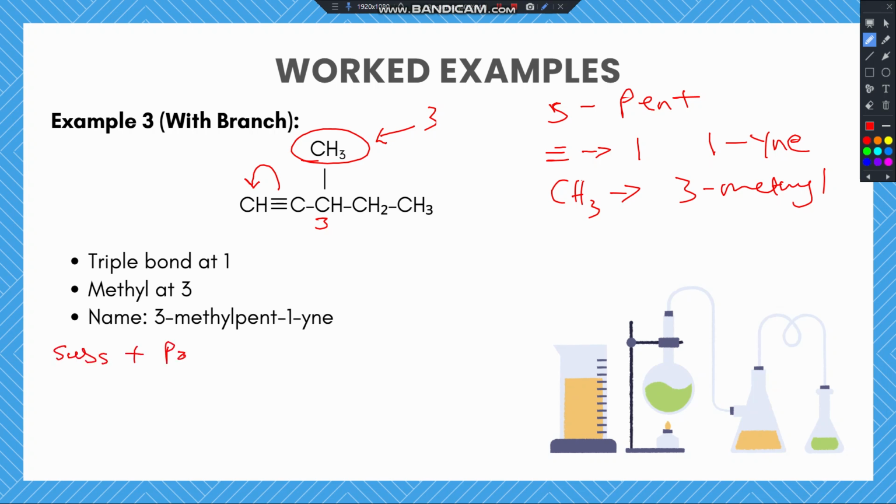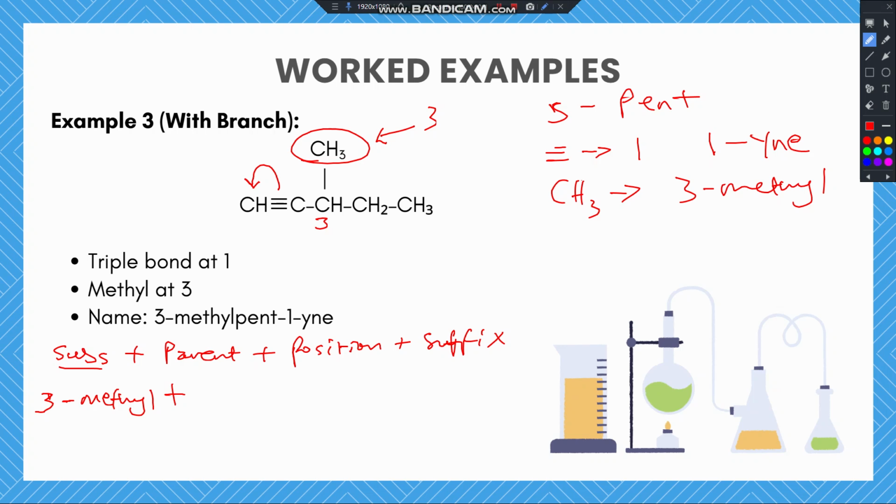plus the parent name plus the positions of the multiple bonds, and then plus the suffix. So let's begin with the substituent. The substituent is located on carbon number 3. We have 3-methyl plus the parent name.